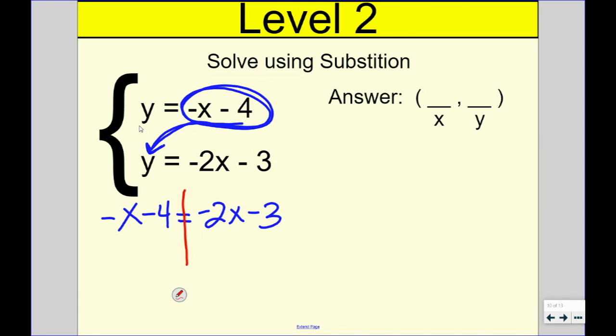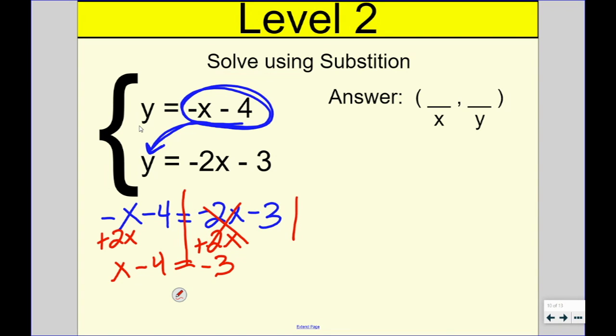I am going to take my smallest coefficient, which is this -2, and do the opposite, and I'm going to add 2x to both sides. Our -x plus 2x is now 1x, and I have -4 still, equals -2x plus 2x goes to 0, and we have -3. Now I'm down to x minus 4 equals -3.